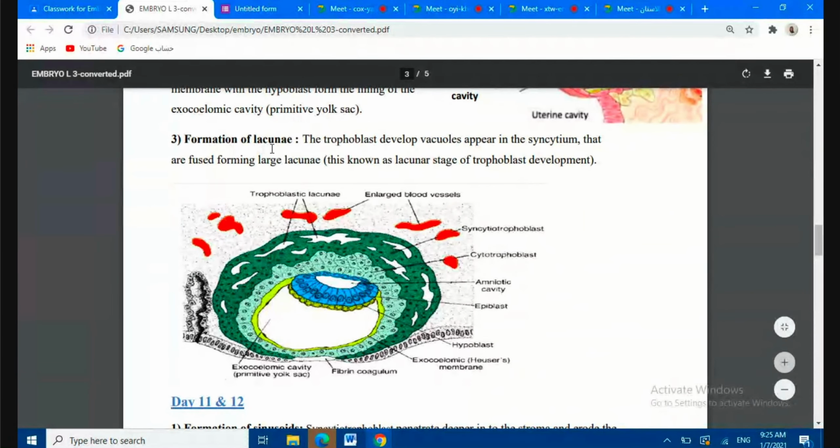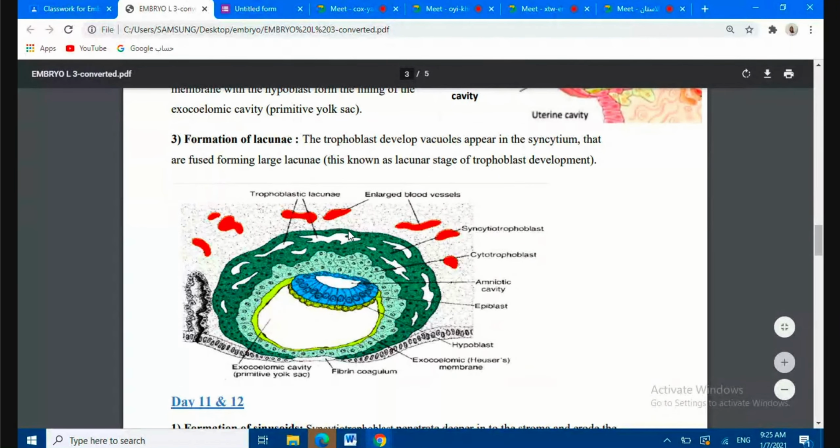The trophoblast develops vacuoles that appear in the syncytium, meaning the syncytial trophoblast, which is this one. See how much the shape of the embryo changes. Why? Because there is continuous division and continuous development in this week, so surely there is a change in the appearance and in the layers also. So look here, in the syncytial trophoblast, or simply the syncytium, large lacunae will form, like cavities, with spaces between them. First they will be empty cavities, and this formation stage we call the lacunar stage.